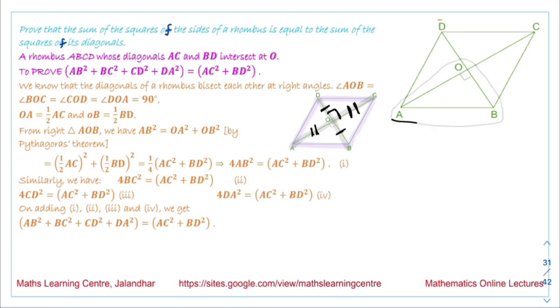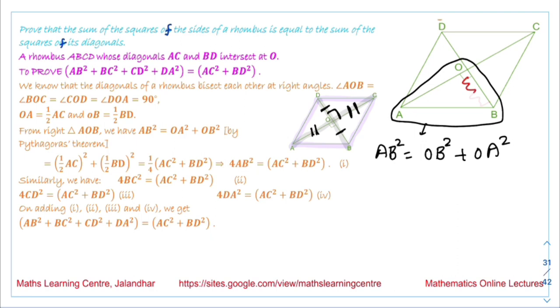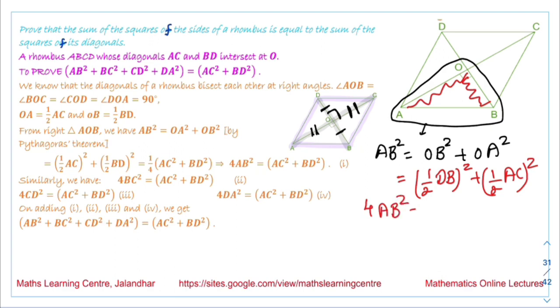So if we consider this triangle OAB, we get that AB square is equal to OB square plus OA square. Now OB length is half of the length DB, and OA is half of the length AC. So what we get is that 4 times AB square is equal to BD square plus AC square.